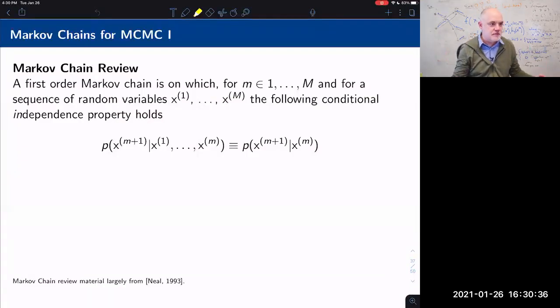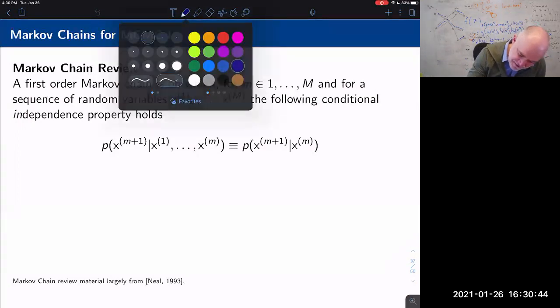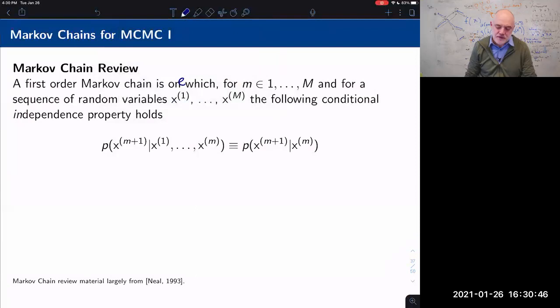Markov chain, sweet. It's a little review. The first order Markov chain is one which, for some integer m, 1 to big M, and for a sequence of random variables x1 to xm, the following conditional independence property holds: the probability of xm plus 1 given the values of x1 to xm is restricted to be first order Markov.